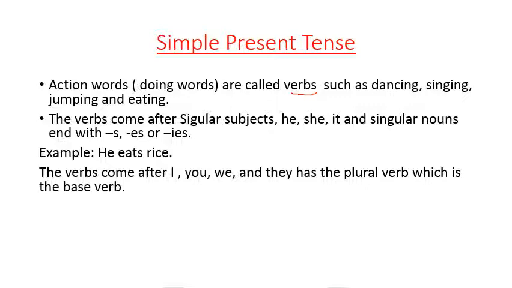Plural verb means the base verb. For example, eat is the base form of the verb. We put s, es or ies after the verb when we talk about a singular subject. Right, now I think you can understand what I have explained here.